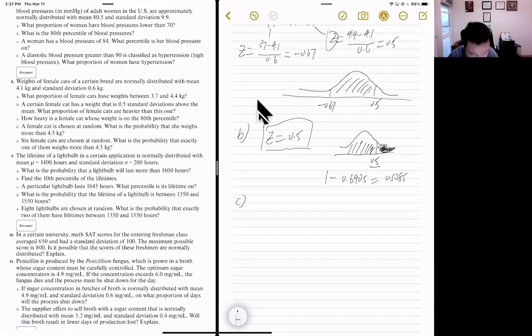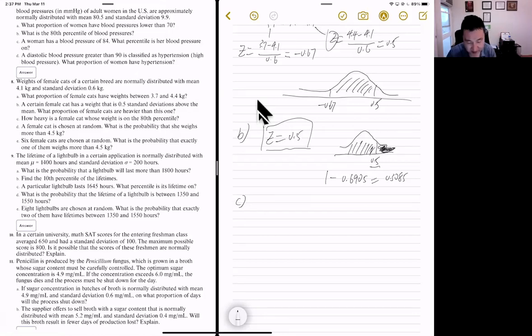Then part C. Part C is asking how heavy is a female cat whose weight is on the 80th percentile. What do we do on that?